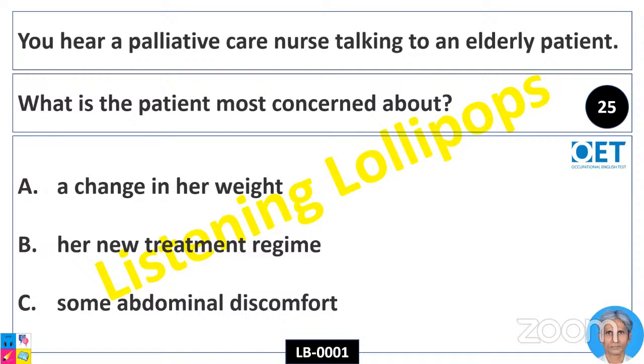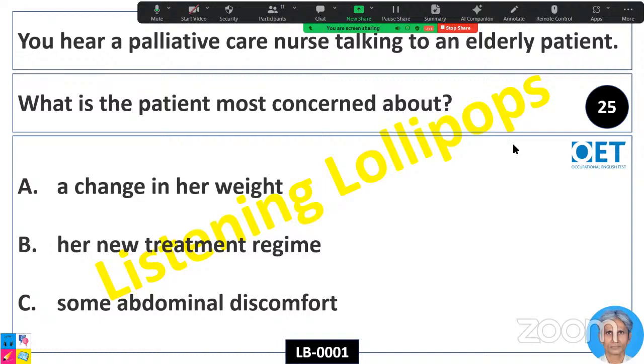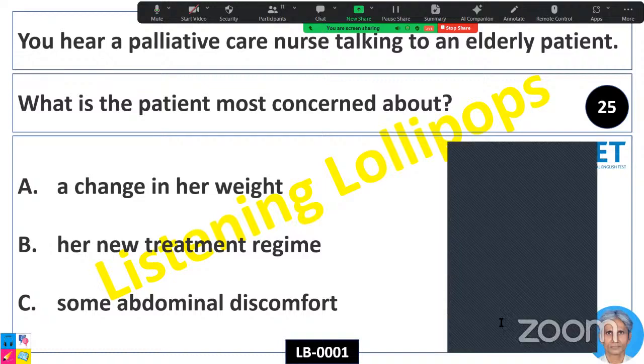Now I'll ask you some questions and you have to answer these questions. Now the question is, who is the speaker? You have to question like this. Which nurse?